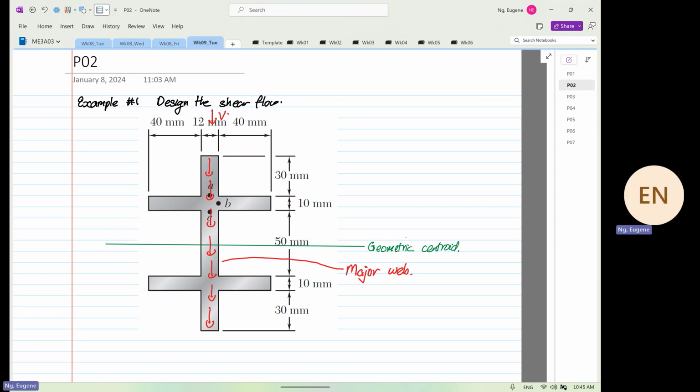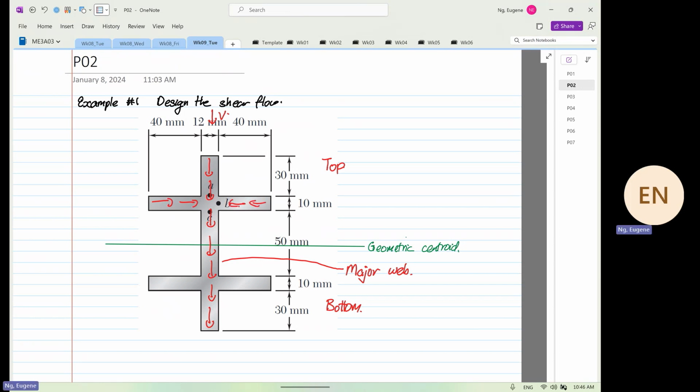Then we have left and right. Okay. We have the flange. So how does the flange go? Because the major web is like the fluid flow, fluid flowing down. So whatever is above the major web, I call this top, I call this bottom, it will do this.